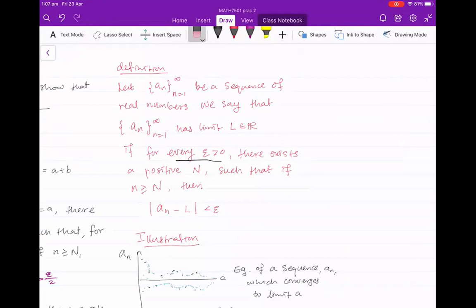Okay, that's the definition Kai just gave, in mathematical form.